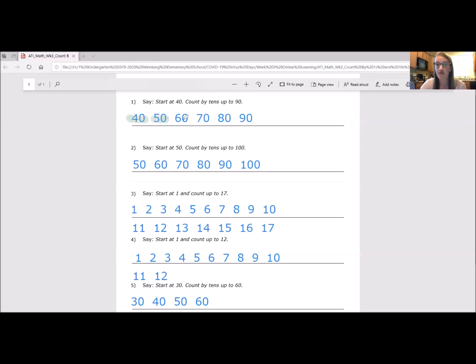40, 50, 60, 70, 80, 90. And stop there. Number 2 says to start at 50 and count by tens to 100. Let's do that together. 50, 60, 70, 80, 90, 100. Number 3 asks us to start counting by ones.